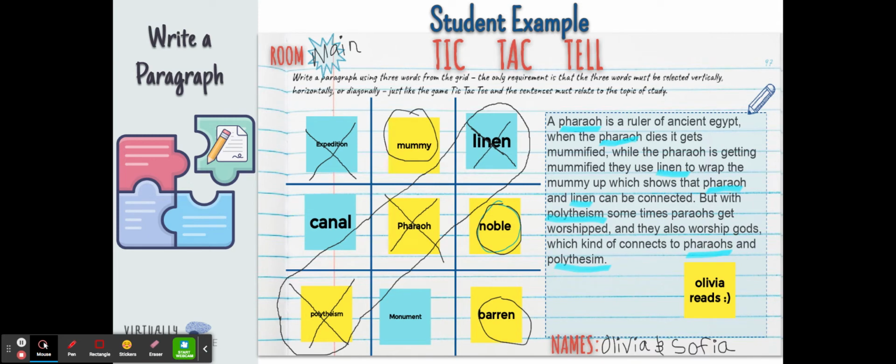Here is another example: Pharaoh, linen, and polytheism. Pharaoh is a ruler of ancient Egypt. When the pharaoh dies, it gets mummified. While the pharaoh is getting mummified, they use linen to wrap the mummy up, which shows that pharaoh and linen can be connected.